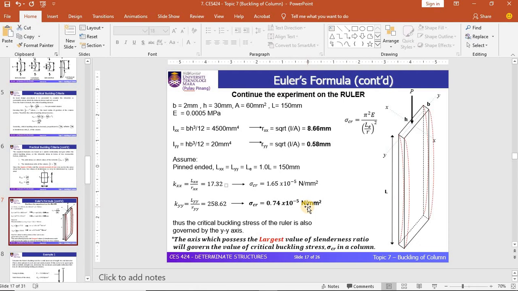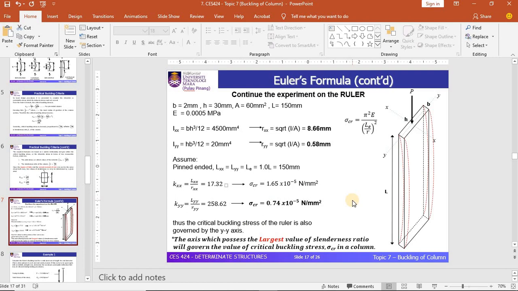Comparing both values, the critical buckling stress in the YY direction is lesser than in the x-axis. Thus we can conclude that the critical buckling stress of the ruler is governed by the YY axis. So the axis which possesses the largest value of slenderness ratio will govern the critical buckling stress in a column.